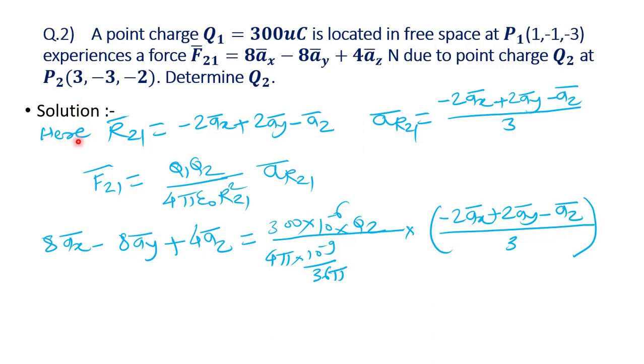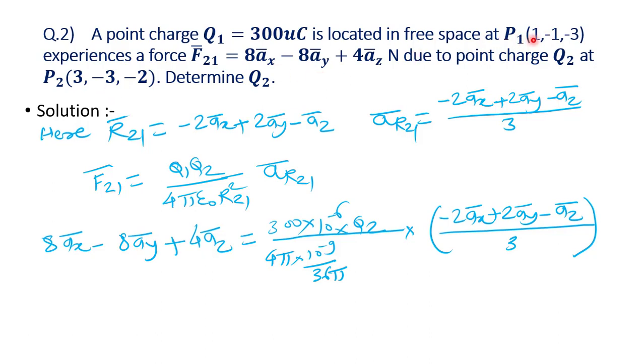First we'll find the vector between these two point charges, the vector from 2 to 1. So R21 is equal to minus 2ax bar plus 2ay bar minus az bar. It is calculated by considering P1 and P2.